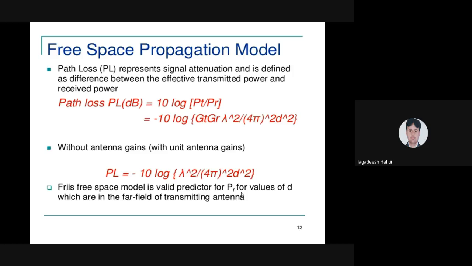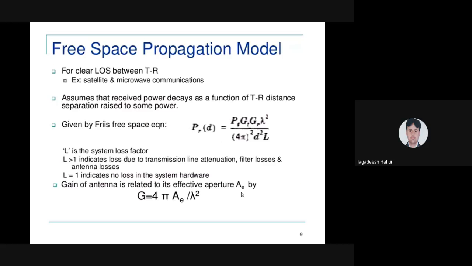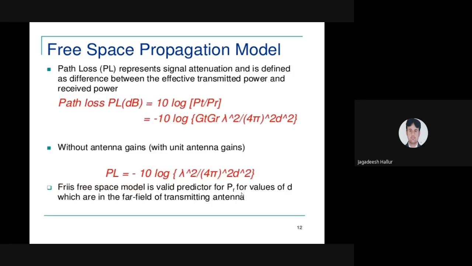What is the equation of PR? PR equals PT GT GR lambda square divided by 4 pi square D square into L. You substitute that PR equation here.